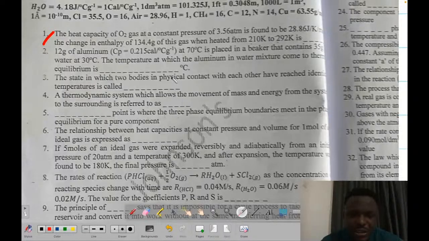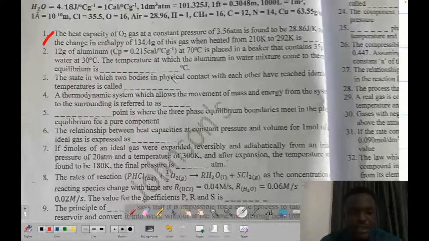Now, if you could remember, these particular questions come from bomb calorimeter, where the heat lost by a metal is equal to the heat gained by water. It's just like you drop a hot nail inside a cup of water. The cup of water initially was cold and the nail was hot.